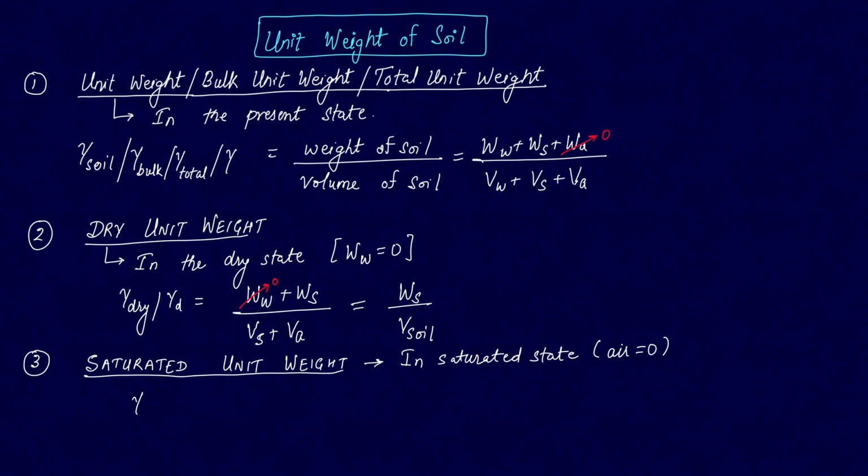Yes or no? And hence gamma saturated will be the weight of water plus weight of solids. But when we consider the volume, the volume of air will be equal to zero, because there is no air present in the saturated state of the soil. So these are the first three types of unit weight of the soil.